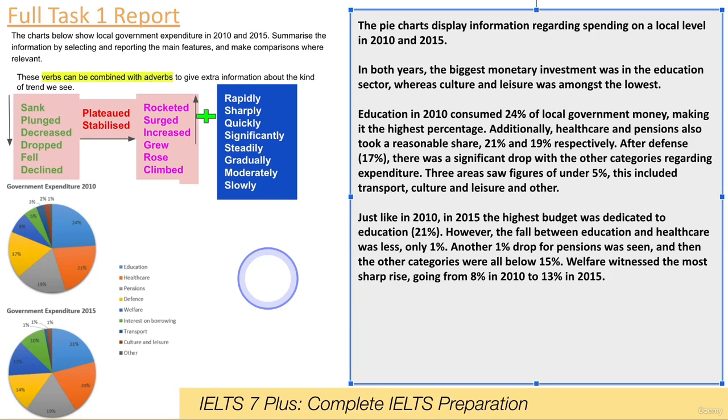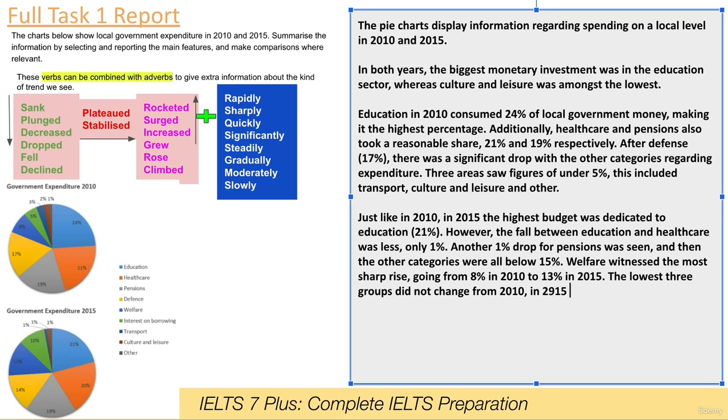Okay, so we're going into specifics now, and we could talk about the lowest. So the lowest three groups were stayed the same, or maybe did not change from 2010.